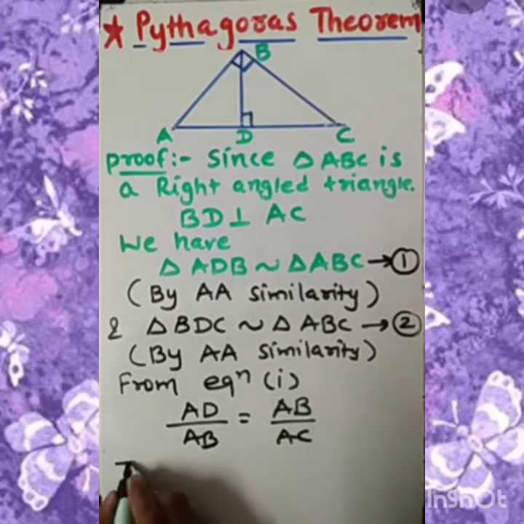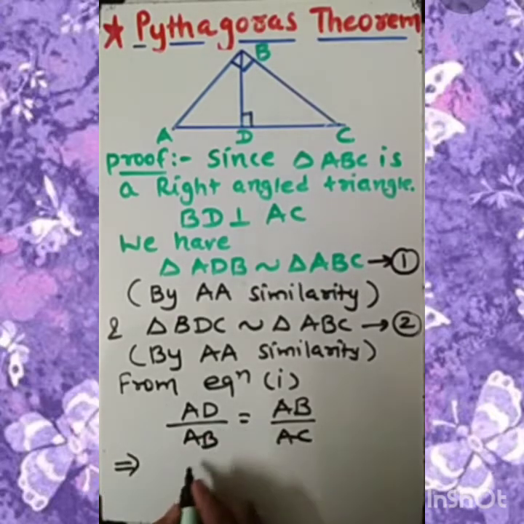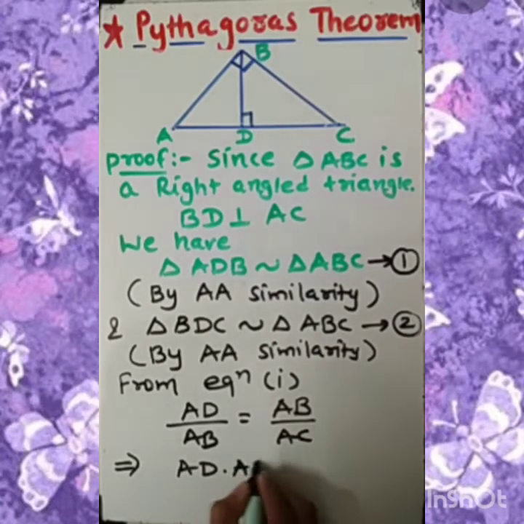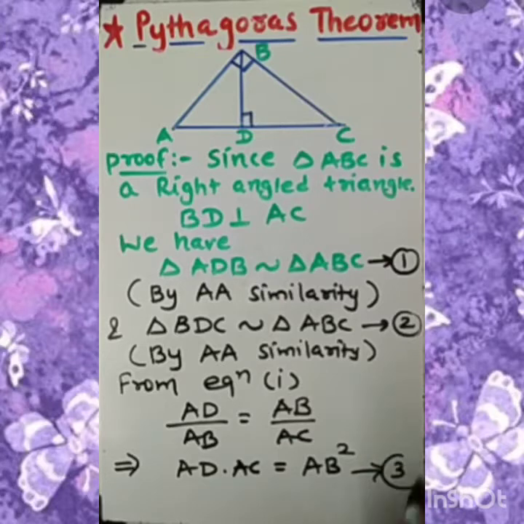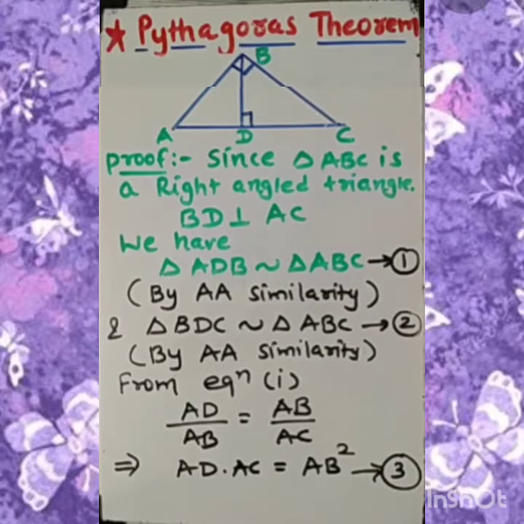So cross multiplication, can I say AD into AC will be equal to AB square? Let's say this is result number 3. Up to here clear? Let's see that in the next part.